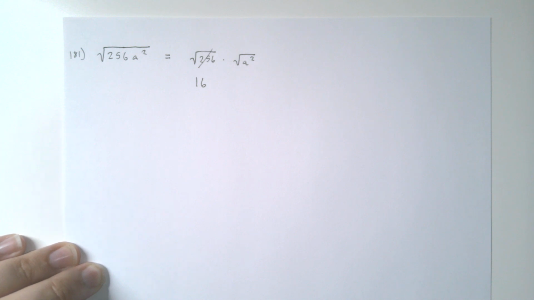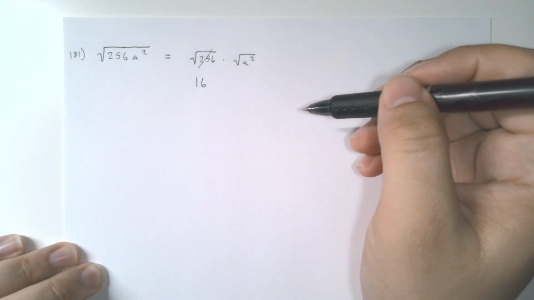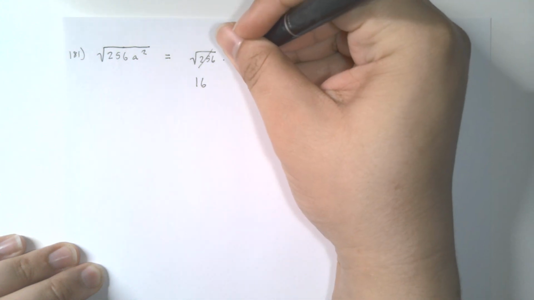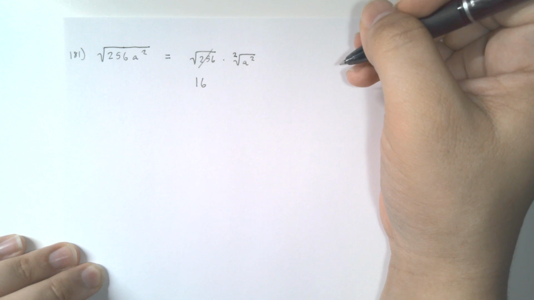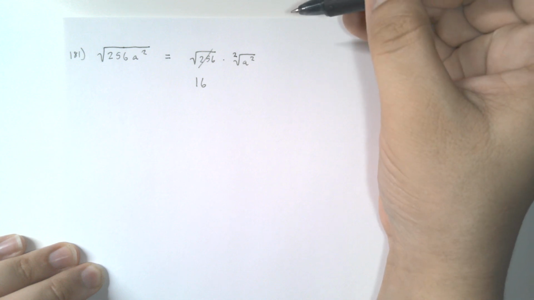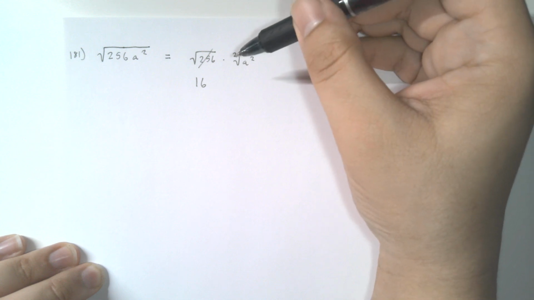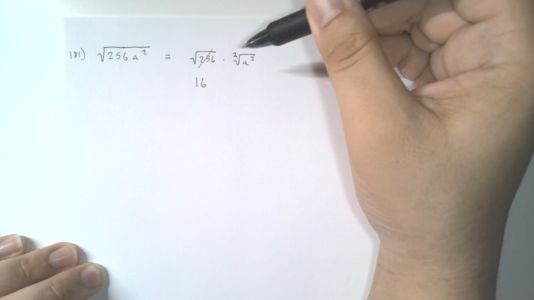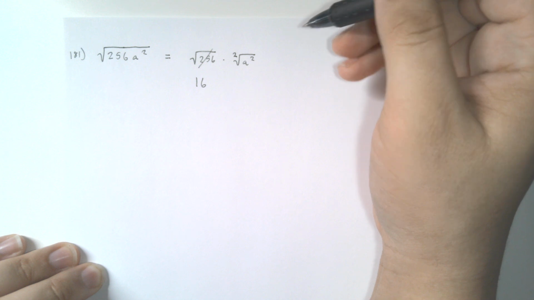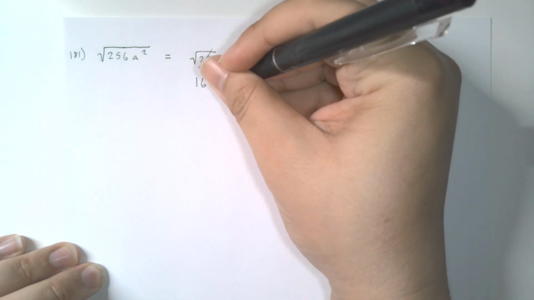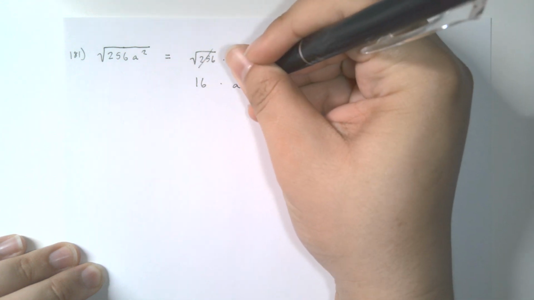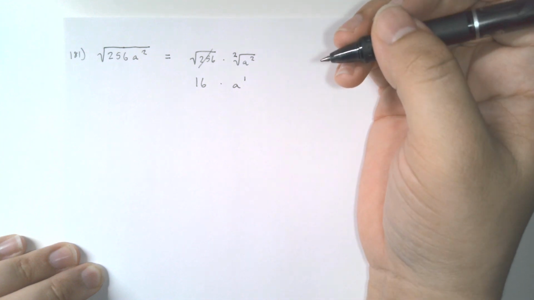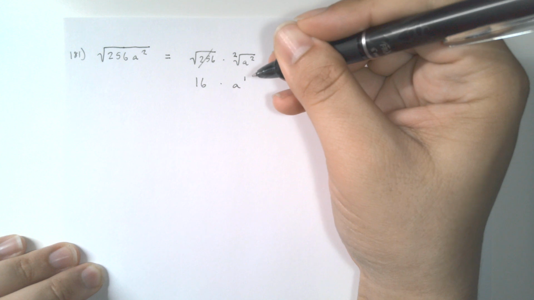On the other hand, what about this square root of a squared? Well, remember this is an index of 2 right here. And the best way to simplify these is to ask yourself, well, how many times does 2 go into 2? And 2 goes into 2 once with no remainder. So this is going to be a implicitly to the first, and we don't even need to write that first power there.